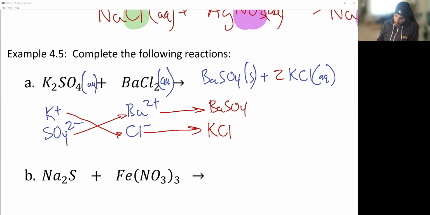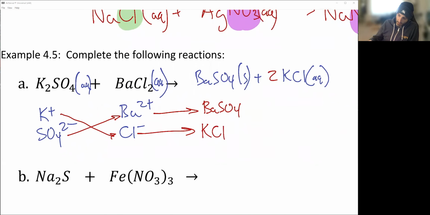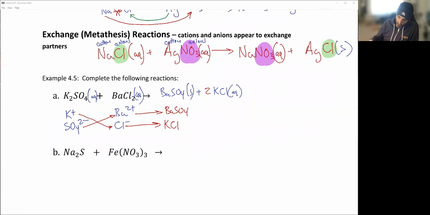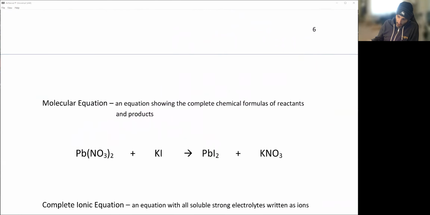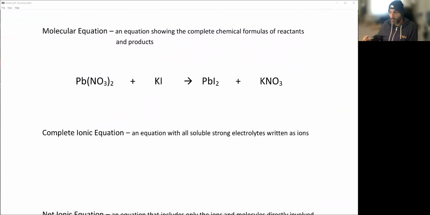But there you go. Barium sulfate is a solid. Potassium chloride is an aqueous solution, but we have two of them just to balance the equation. All right, so do the rest of those and let's keep going. So the molecular equation, we just created the molecular equation by switching ions. So in this case, lead and potassium are going to switch partners and give me potassium nitrate and lead iodide.